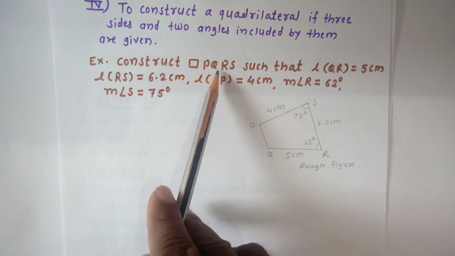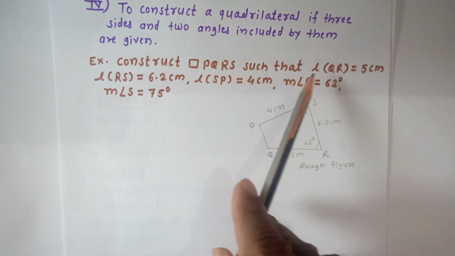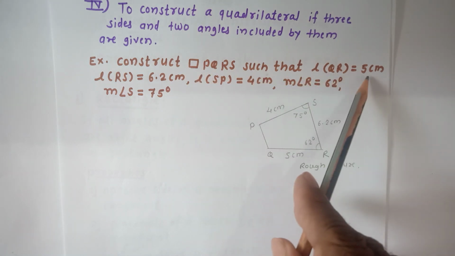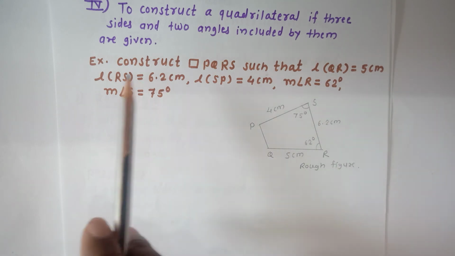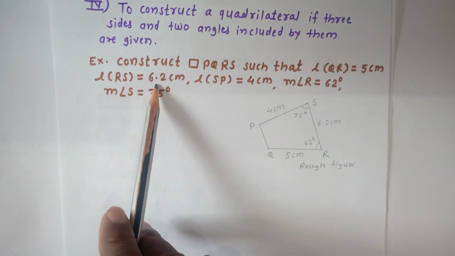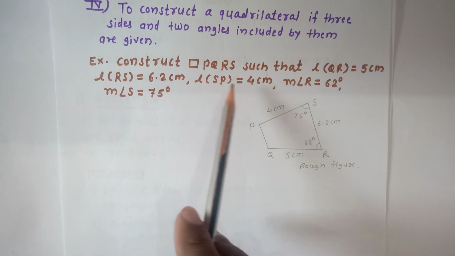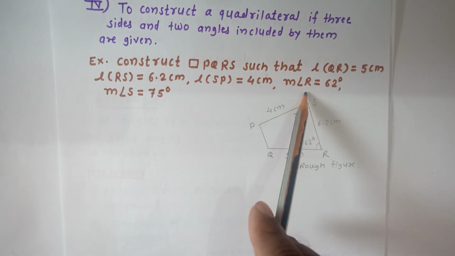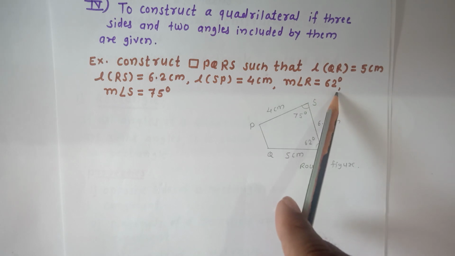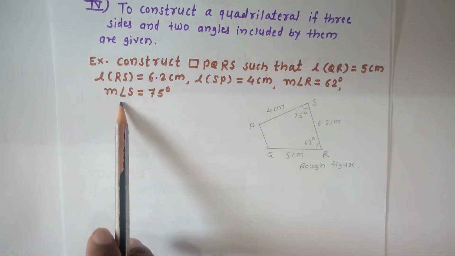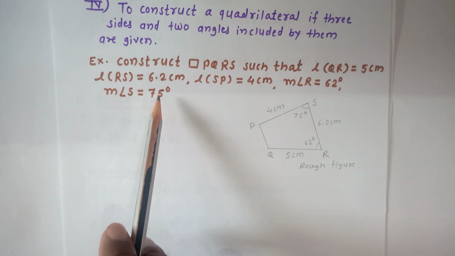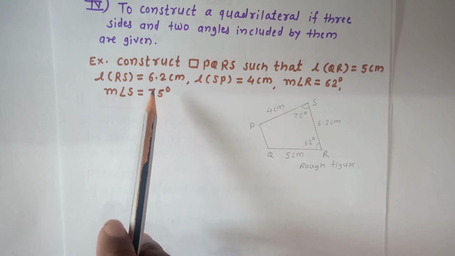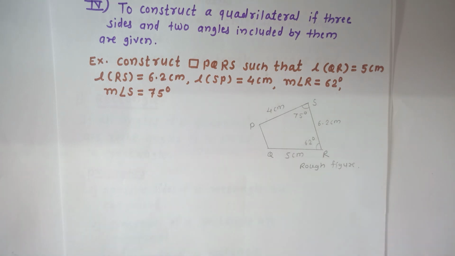Construct quadrilateral PQRS such that length of QR 5 cm, length of RS 6.2 cm, length of SP 4 cm, measure of angle R 62 degree and measure of angle S 75 degree. This is an example in your textbook.